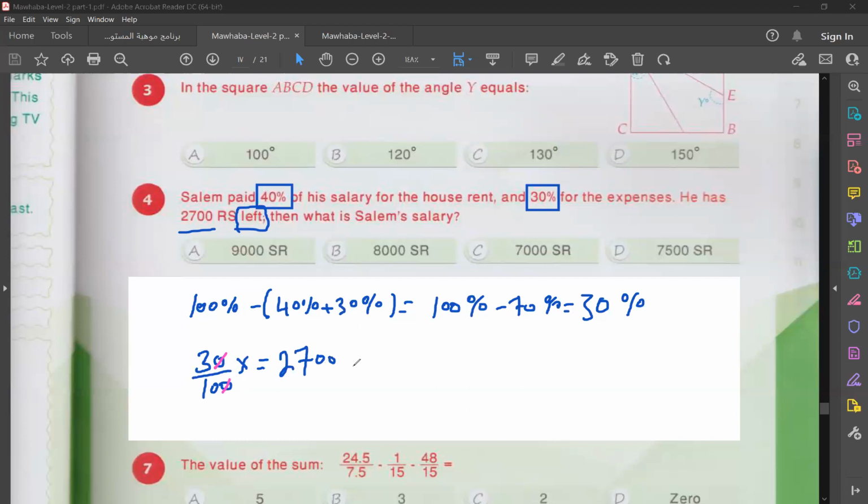Now 2,700 plus 2,700 equals 5,400. So that is 60% of the salary, 5,400. Since we know that, we need to subtract 20% to find the 40%.